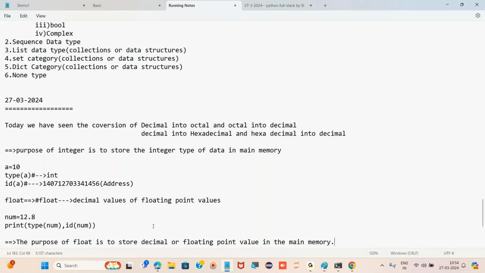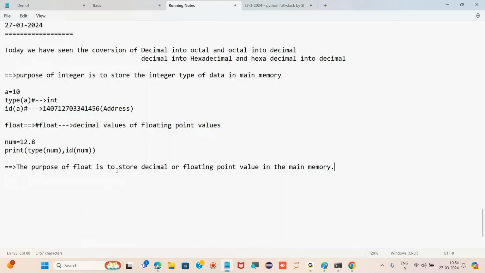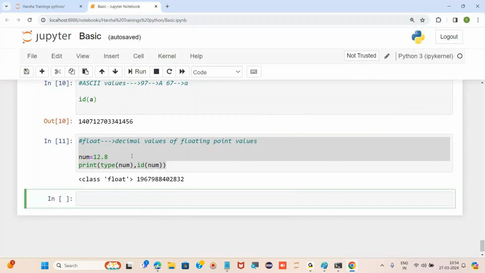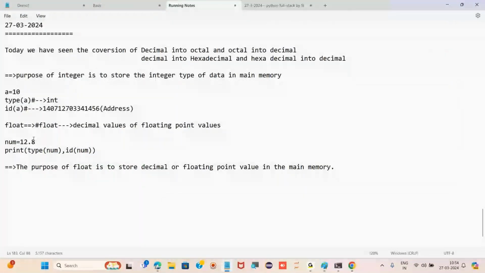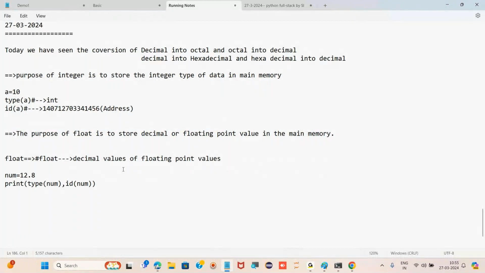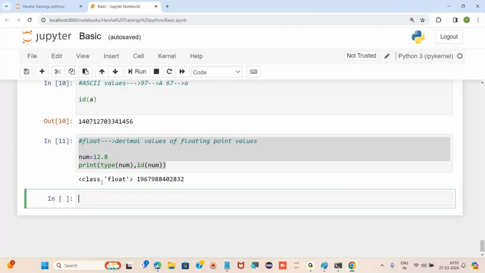This is what the purpose of float is. And this we can consider the example for float. What will it give? The output for this is nothing but this.